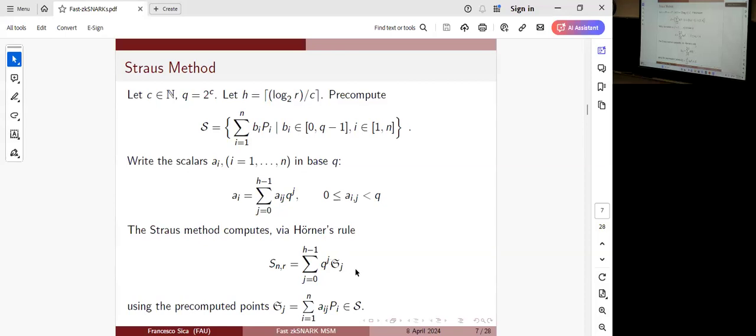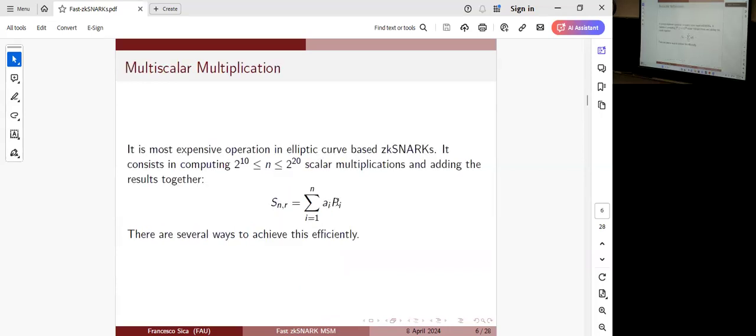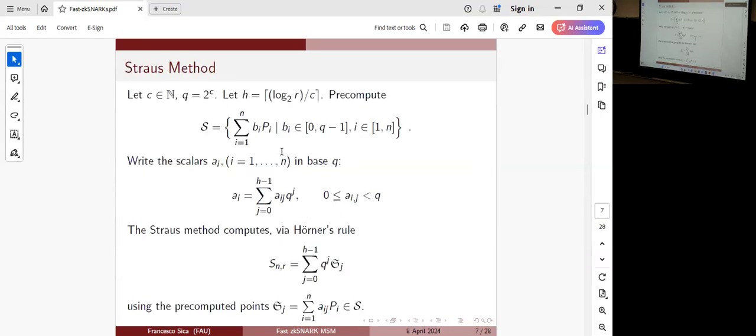So what you're doing is that you take, say, the lowest digit in all of these a_i p_i here. So this is a pre-computed point in this form, say sigma 0, this S0.